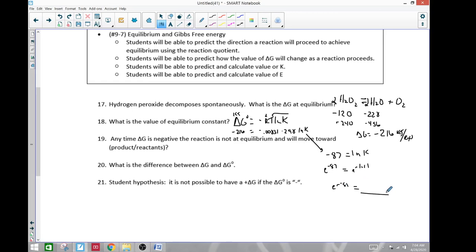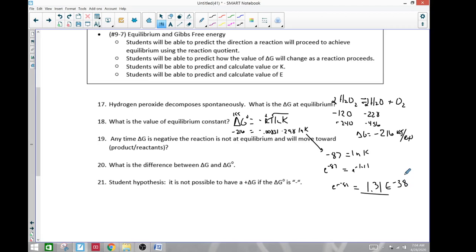So I take the inverse natural log of the previous answer, and I get 1.31 e to the negative 38th. All right, so that's my K value.